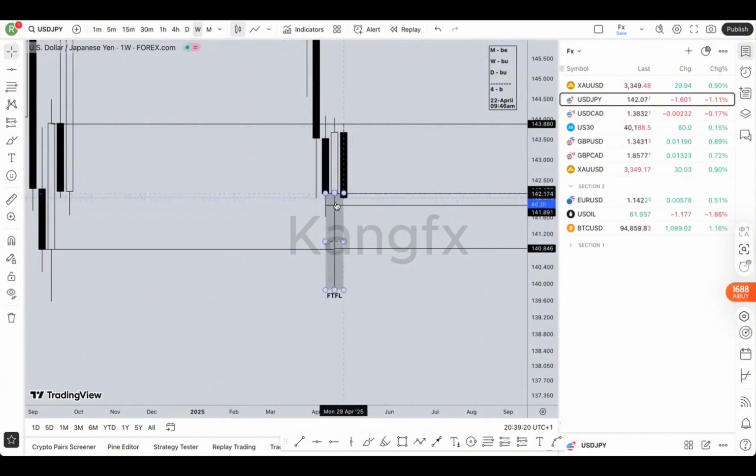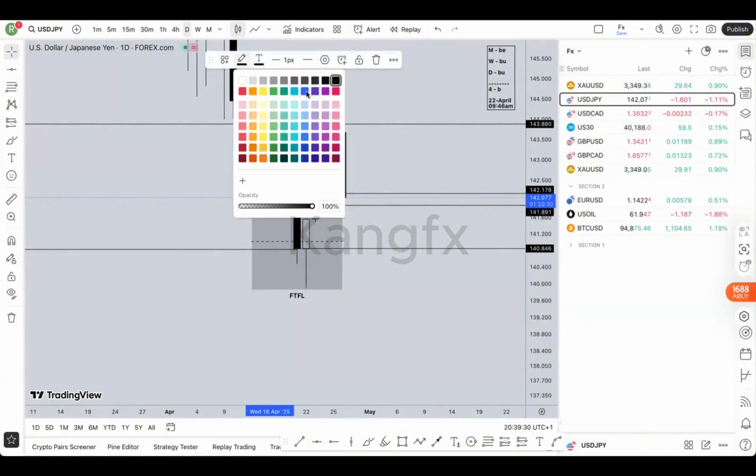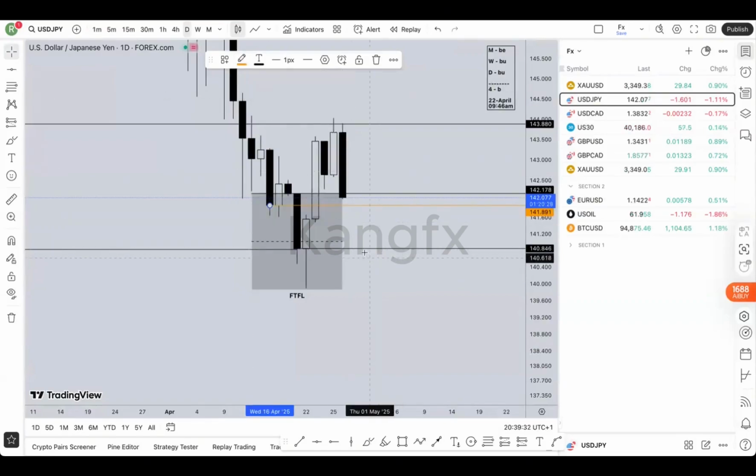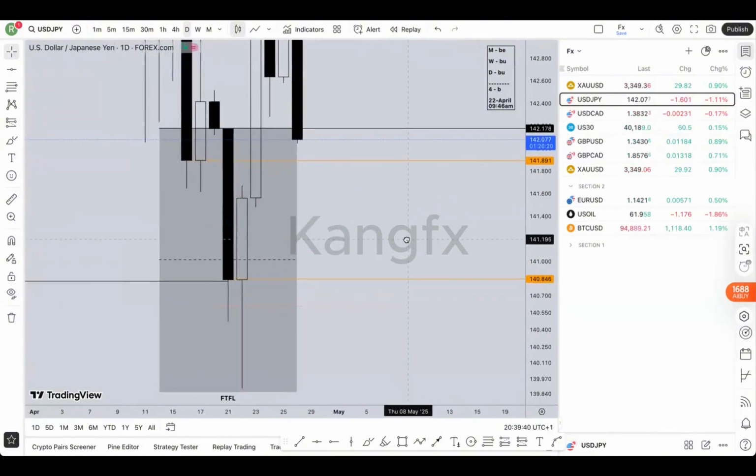So we marked the box, went into our STFL, which was daily, and inside daily we had two zones, which was that zone, a QM, and also this zone, which is a support. The same thing we've been doing on FTFL box.